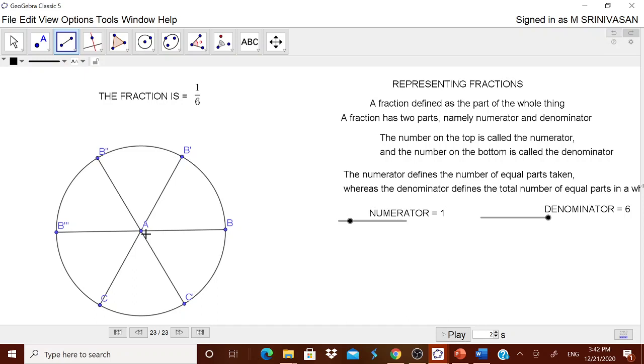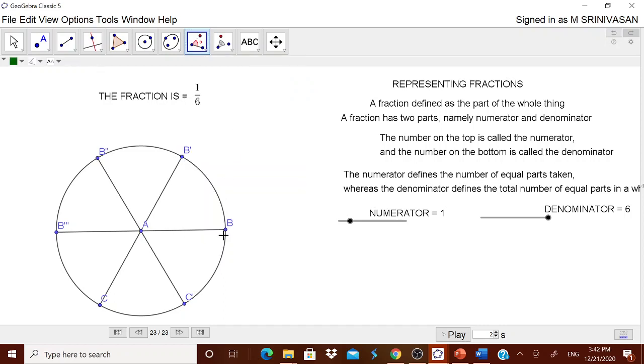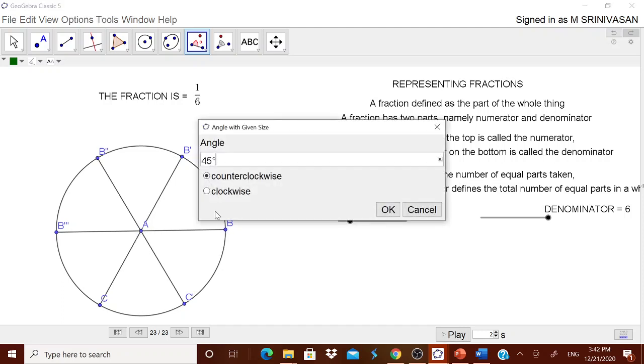Okay, now we have made this. Now what we have to do is go for one angle. Go to this angle with the given size. Remember, angle with the given size. Click it. Touch this B and A. Immediately it will ask. Here you type 360 degrees multiplied by numerator divided by denominator.